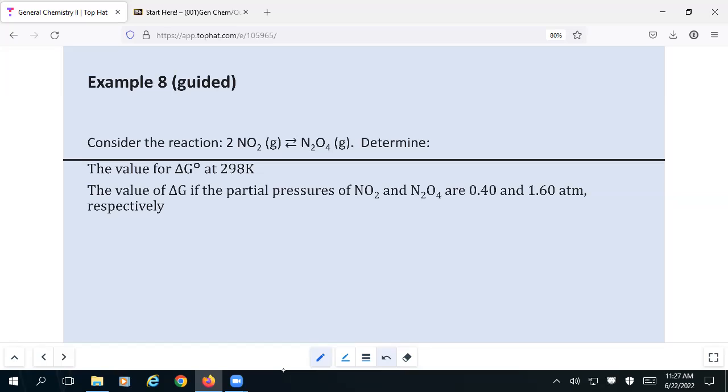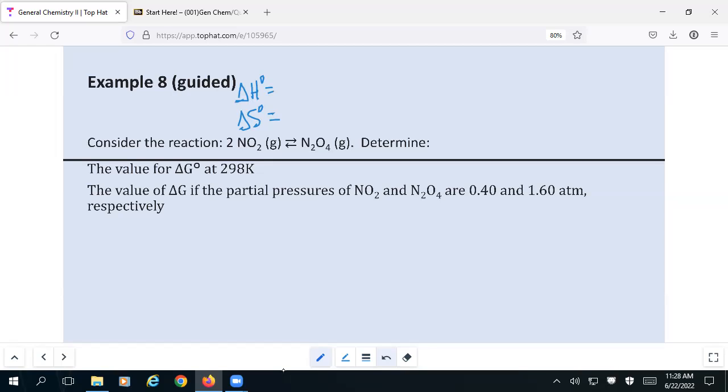So for the first part here, if we had an equilibrium constant K, then we would just be able to plug it into that delta G is equal to negative RT natural log of K. Without that, we're going to be stuck using formation values and calculating delta H and delta S kind of the, for lack of a better term, the traditional way.